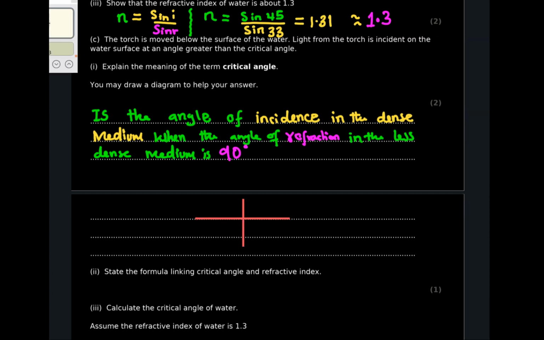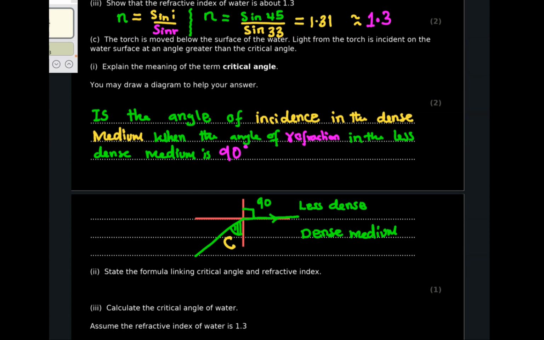We can have a diagram like this, and the ray is moving from a dense medium to a less dense medium. So the angle at the top here is 90 degrees. So this is a less dense medium at the top and dense medium below. Since this ray is moving from a dense medium to less dense medium, there is a point where we have an angle of incidence in the dense medium when the angle of refraction is 90.